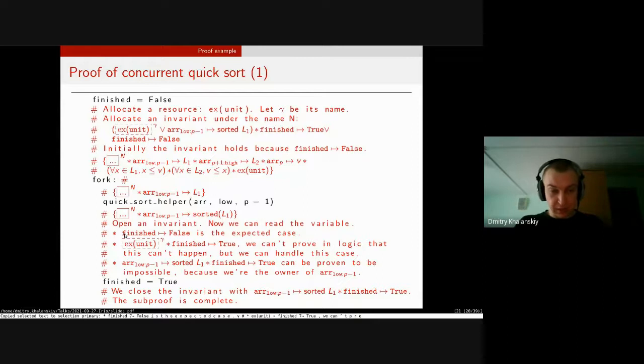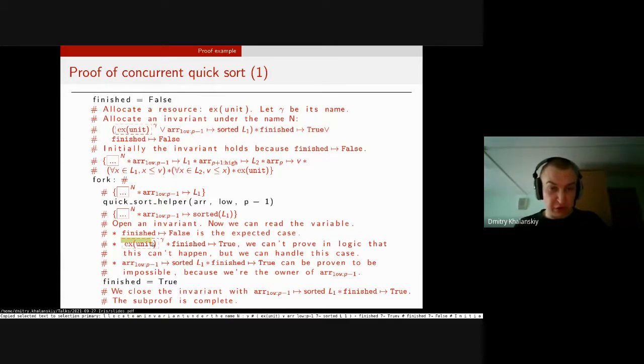However, inside the logic, because the separation logic of Iris does not deal with the system as a whole, we immediately forget the reason why this invariant holds. Maybe some other thread, for example, the main thread, did do something with it.